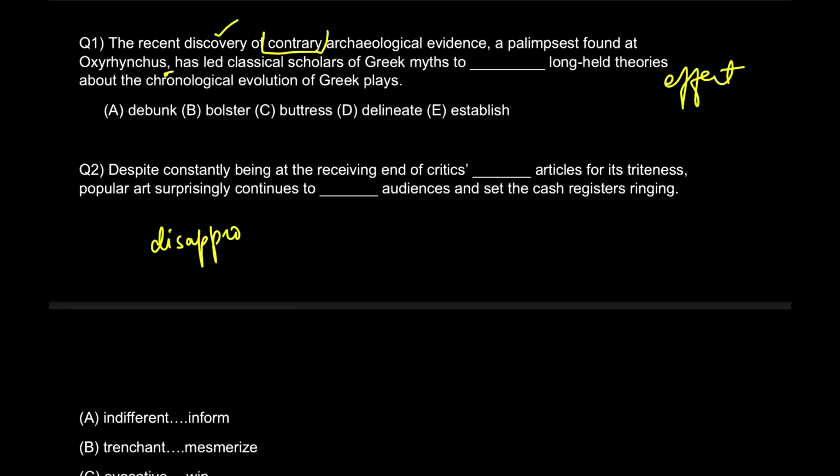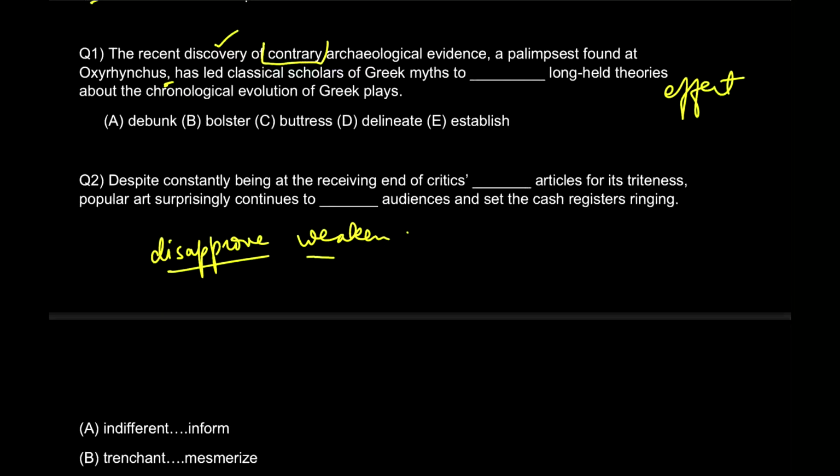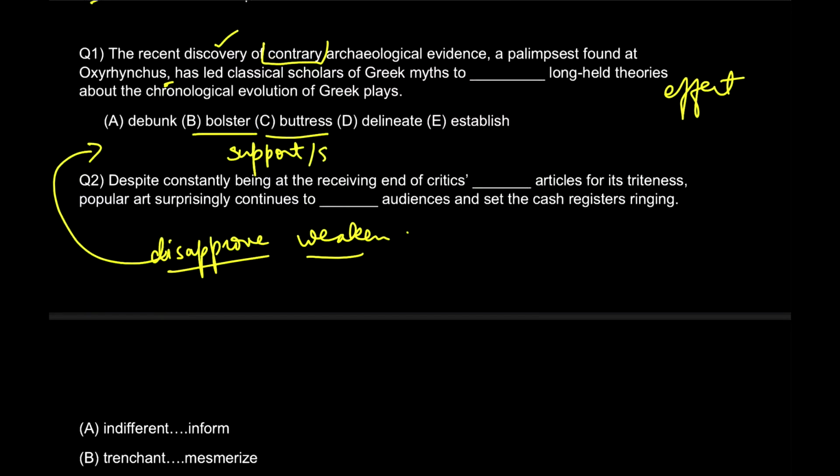Please understand this. Which should disapprove or weaken the current theories. और अगर कुछ ऐसा हम खोजना चाह रहे हैं तो हम options को बहुत ध्यान से पढ़ेंगे. Option B को ध्यान से देखना. Okay, I just wrote it over here. Actually this is related to this question. Option B को ध्यान से देखना. Bolster and buttress, option C, are actually the words which have the meaning of support or strengthen. तो जैसे मैंने कहा था, test of vocabulary है.